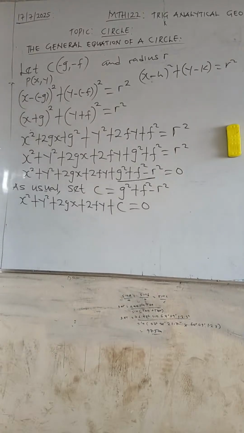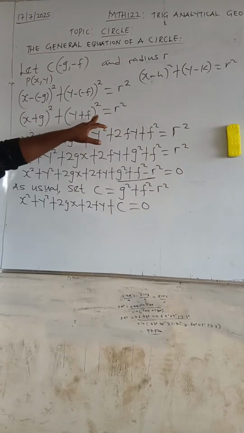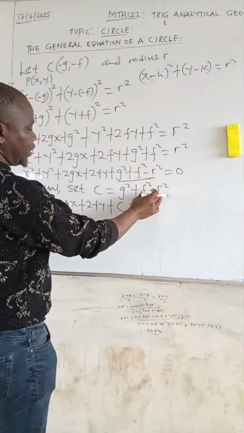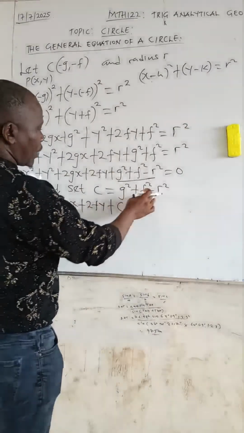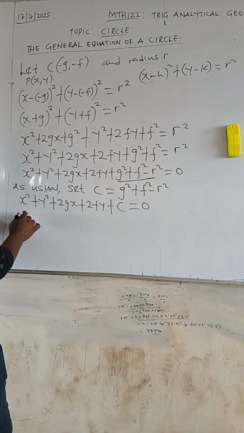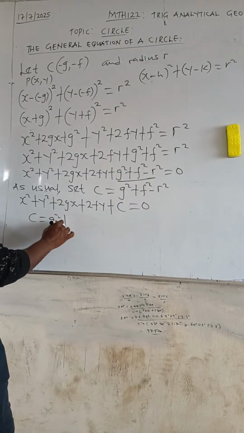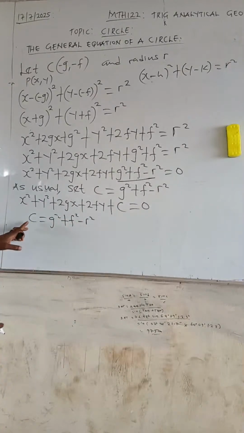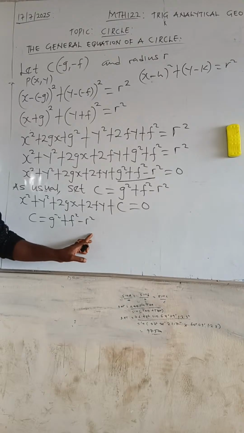Do you understand? So now we have to equate this. If we take this, C equals to g squared plus f squared minus r squared, if C crosses this sign of equality, it will be minus.